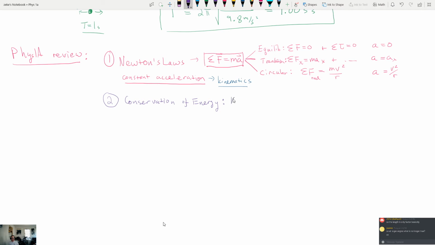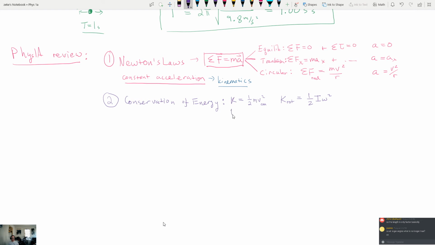There's the concept of kinetic energy, which has 2 different forms. It's got the translational kinetic energy, which comes in the form of 1/2 mv squared, where you have to take the velocity of the center of mass. It comes in the form of rotational energy, which looks like 1/2 I omega squared. And I think that's it for this class, right? That's the only kind of kinetic energy we've talked about.